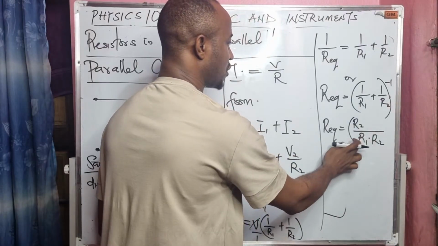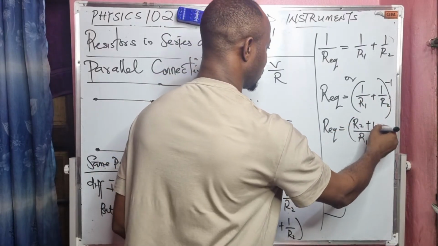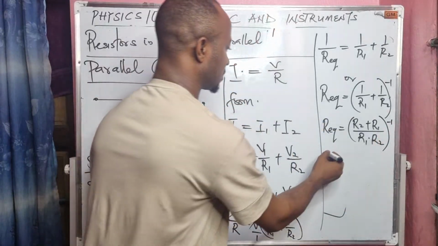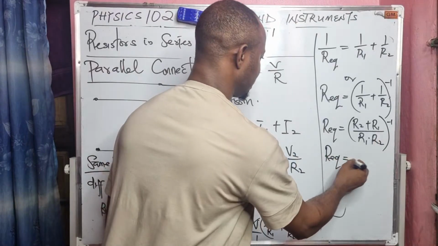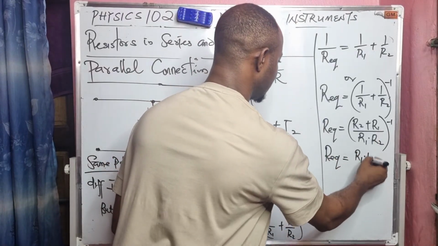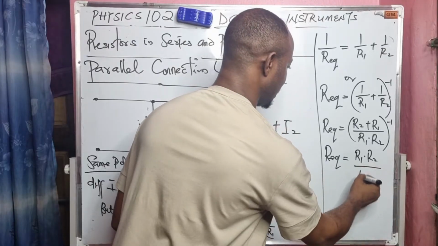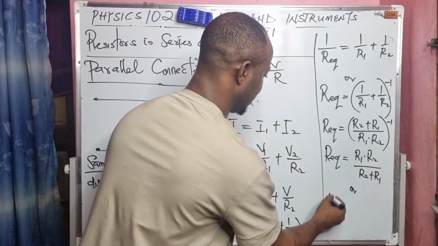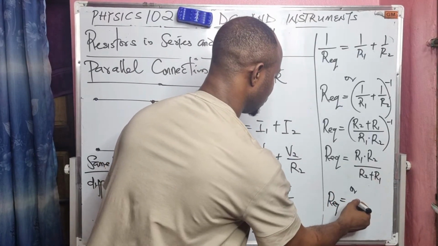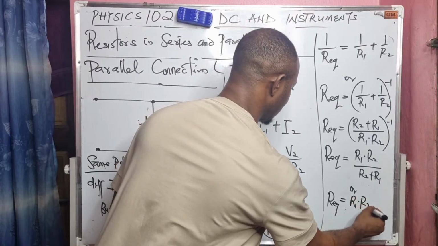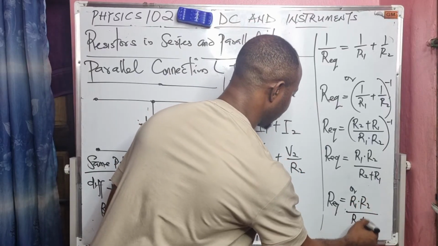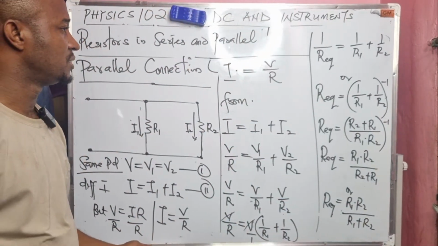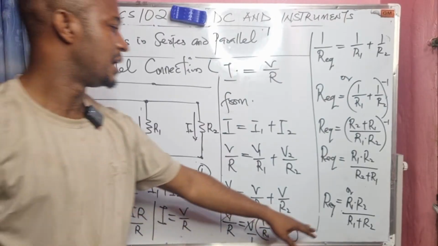We are left with R1. R1 times 1 will give us R1. Minus 1. So we can say that our equivalent is simply R1 times R2 divided by R2 plus R1. Or we can say R equivalent equals R1 times R2 divided by R1 plus R2.